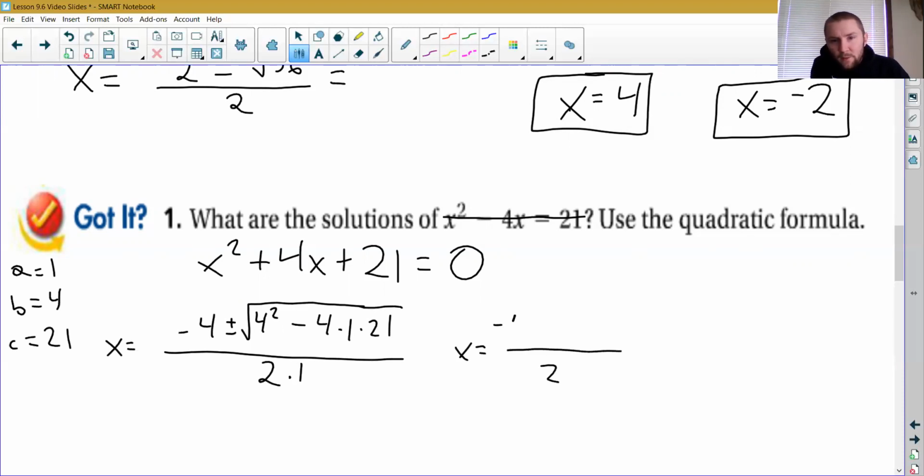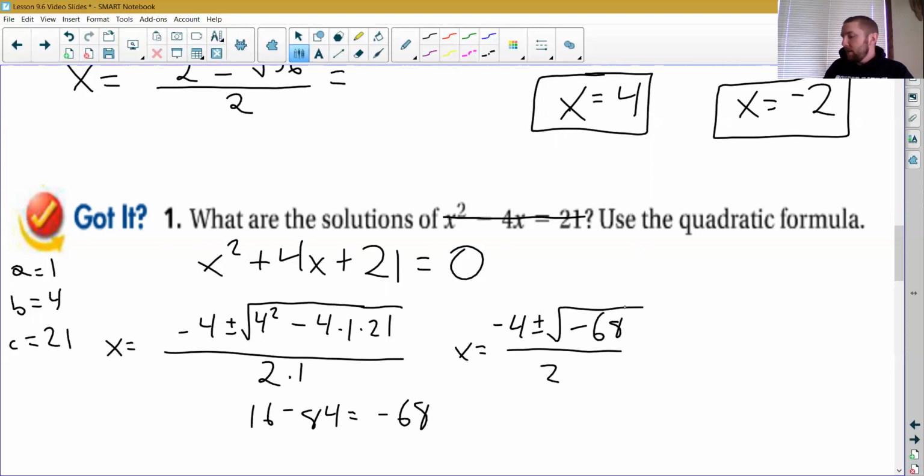The top says negative 4, and then it's plus or minus the square root of, let's figure out what it is. 4 squared is 16, and then minus 4 times 1 is 4. 4 times 21 is 84. So 16 minus 84 is going to equal negative 68, I believe. So this is plus or minus the square root of negative 68.